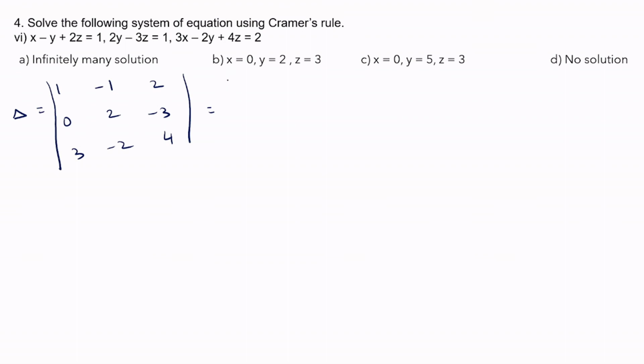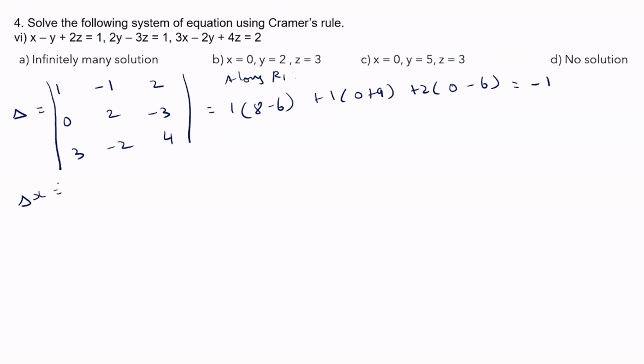We can expand along R1. So it is 1 into 8 minus 6, plus 1 into 0 plus 9, plus 2 into 0 minus 6. So this is equal to 2 plus 9 minus 12, minus 1.